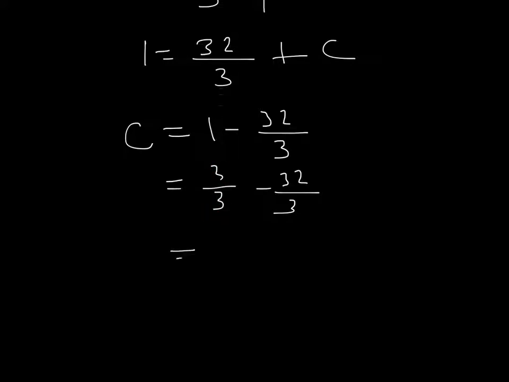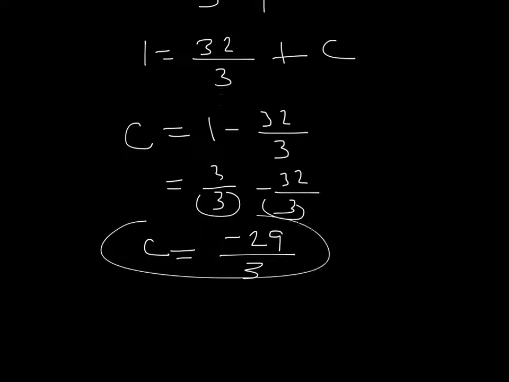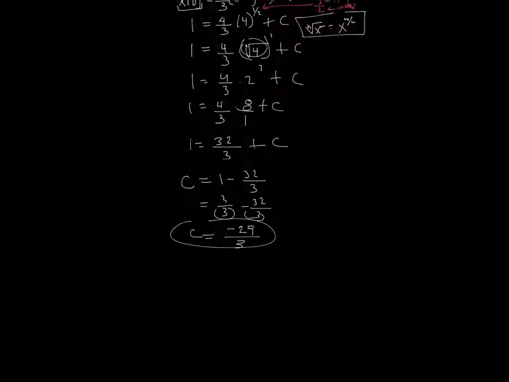And let's see, the denominators are the same. So 3 minus 32 is negative 29. So our c is negative 29 over 3. Okay, so now let's substitute this constant of integration.